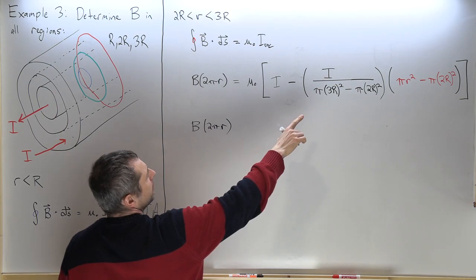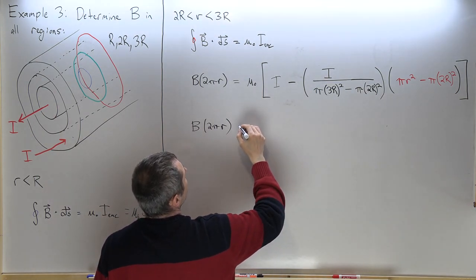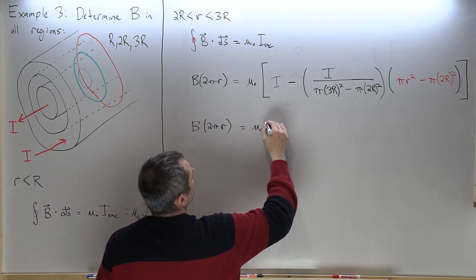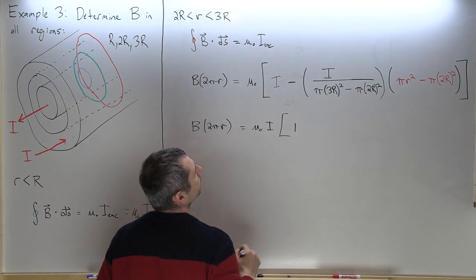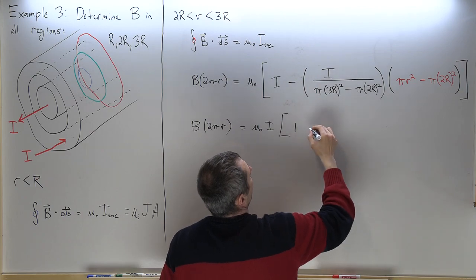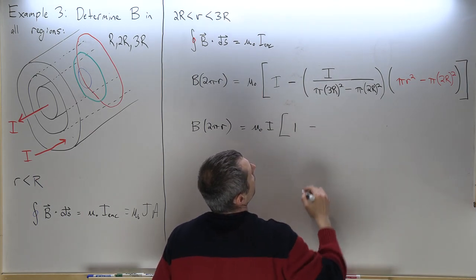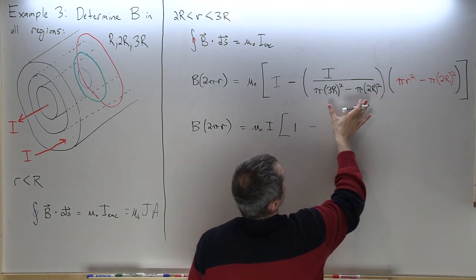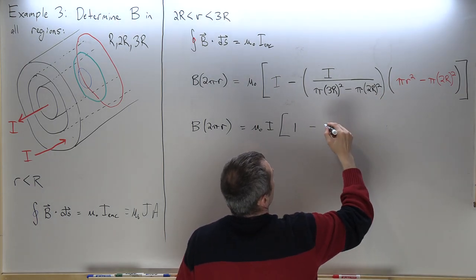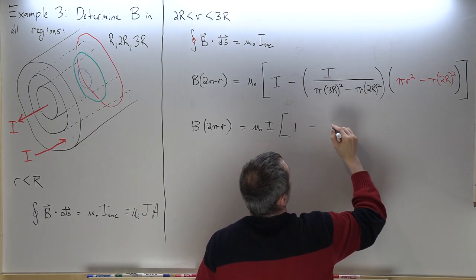And you know what I'm going to do is I'm going to factor out the I. So that'll leave me in the brackets 1. And then over here, that I is gone. So on the top, what I have is r squared divided by 5r squared.